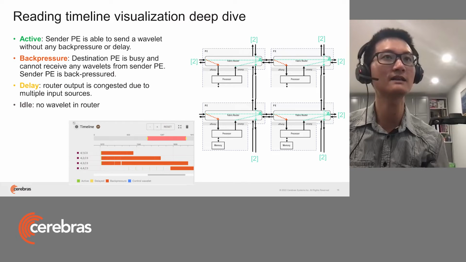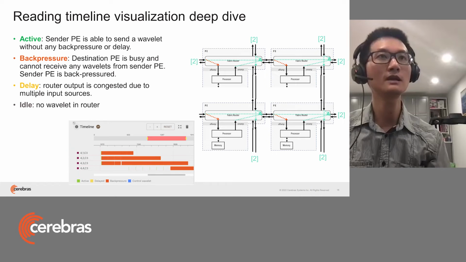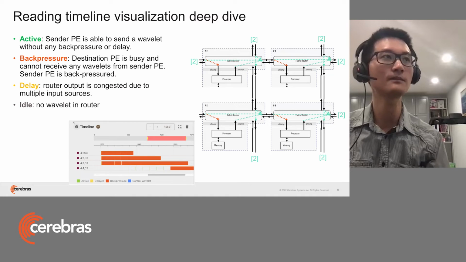What you want to do is balance between computing, meaning how much you compute per processor, and how much data you're sending, right? So that's one way to use the back pressure information. Here I created a diagram with lots of back pressure, and you can see it's because I'm making it too busy.